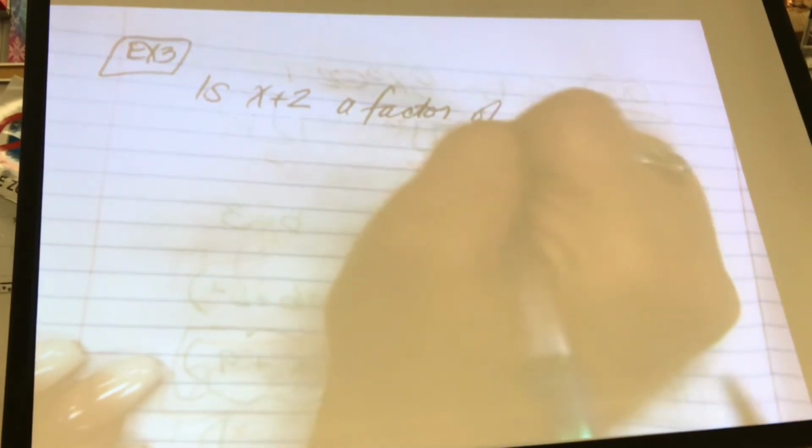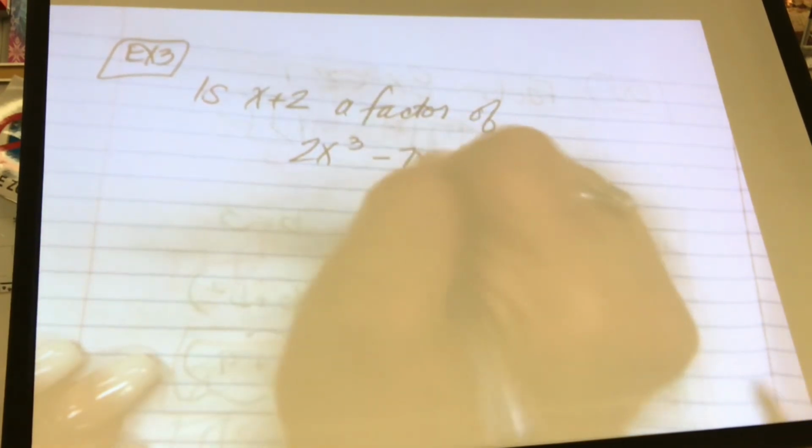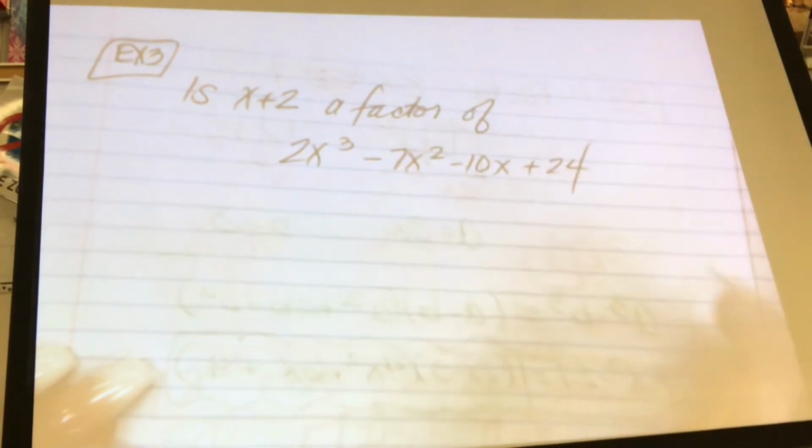You're going to be given something like this on your quiz tomorrow. Is x plus 2 a factor of 2x cubed minus 7x squared minus 10x plus 24?